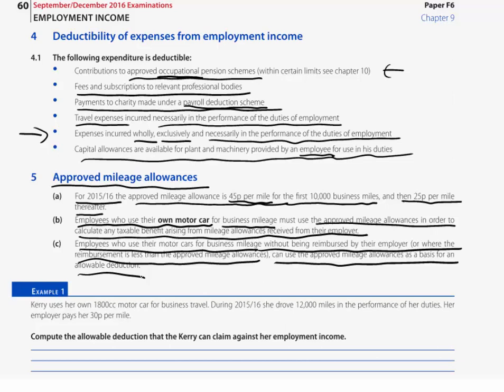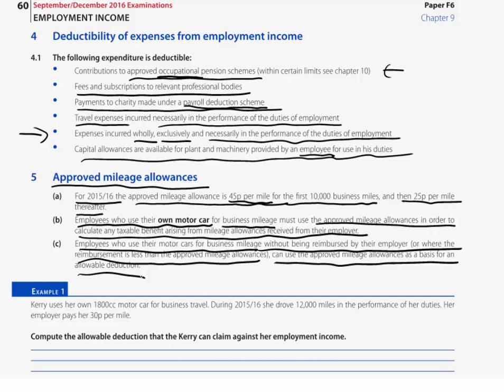You will be given the business mileage and you will be told how much the employee has been reimbursed by their employer. We compare that actual amount paid to the employee, the reimbursement for the business mileage, with the approved, the authorised mileage allowance rates, the authorised mileage allowance payments.